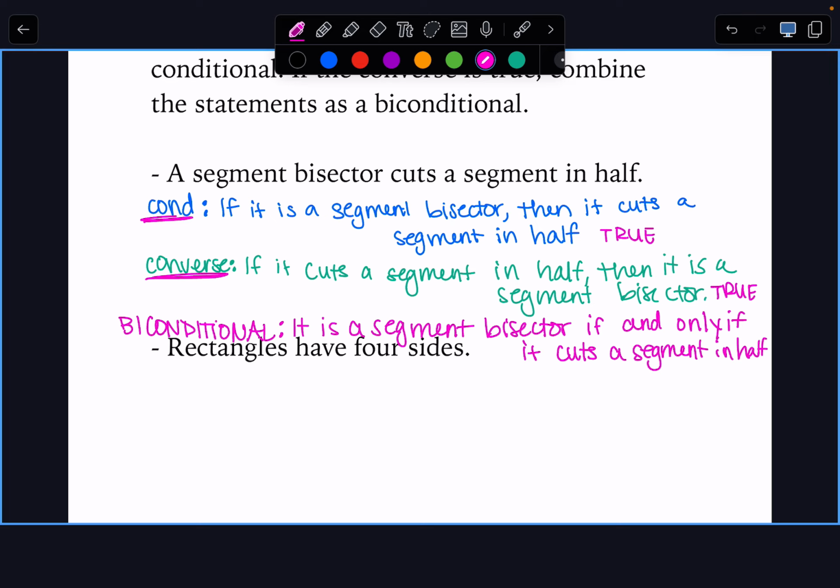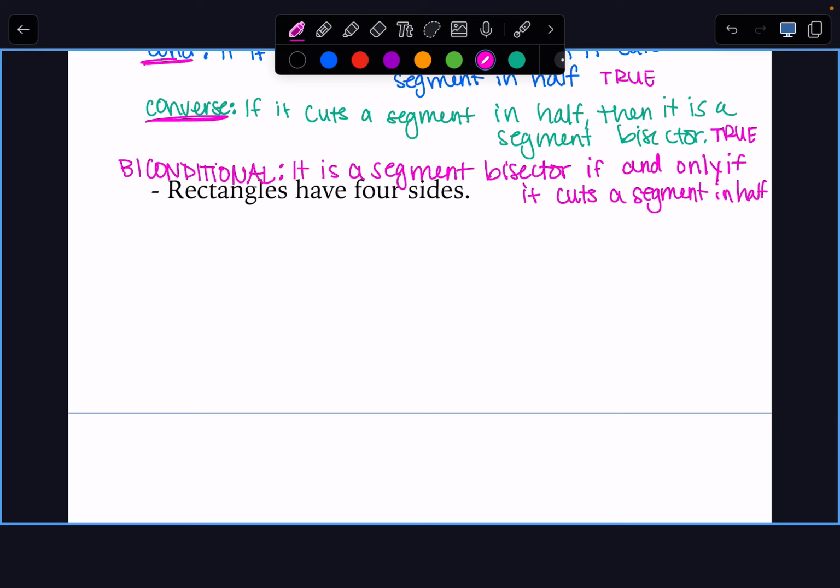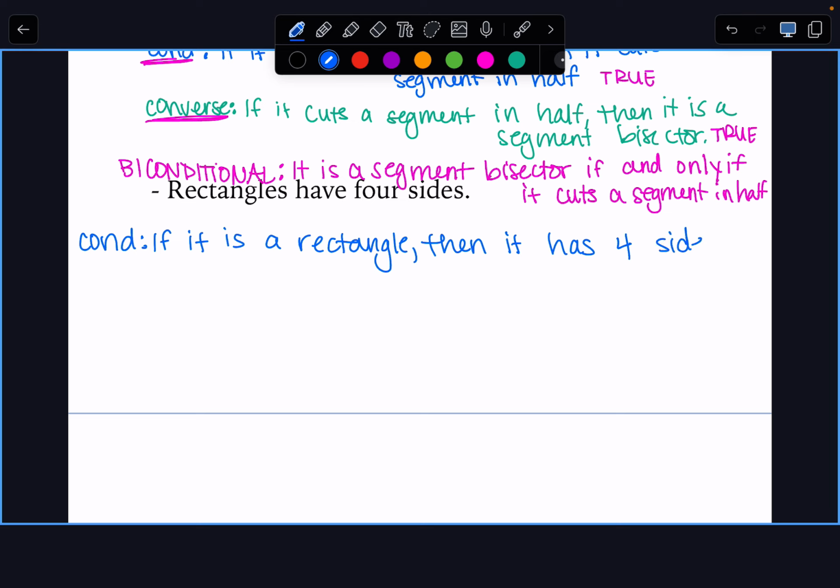All right, this last example is one of my favorites. Rectangles have 4 sides. Okay, so our conditional statement: if it is a rectangle, then it has 4 sides. Is this true?